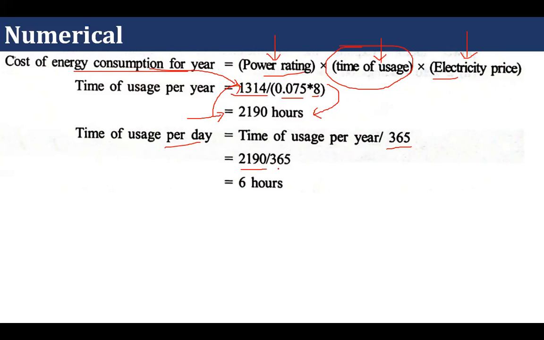So 2190 upon 365 is equal to 6 hours. That means if we are using laptop for 6 hours daily for 1 year, then it is going to consume 1314 rupees in a year. That much bill we have to pay. So we'll stop over here. Thank you. This is the last lecture of this unit.